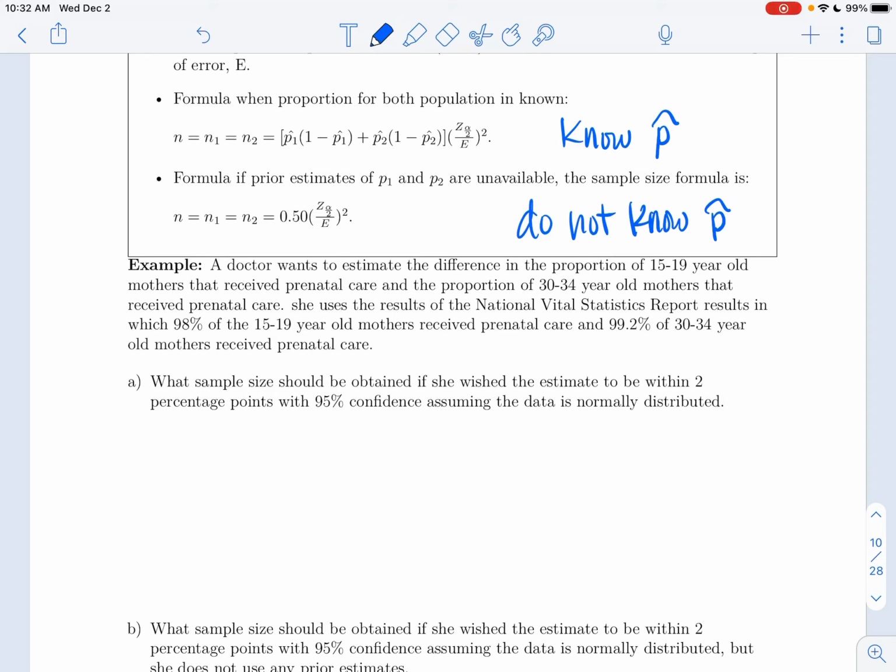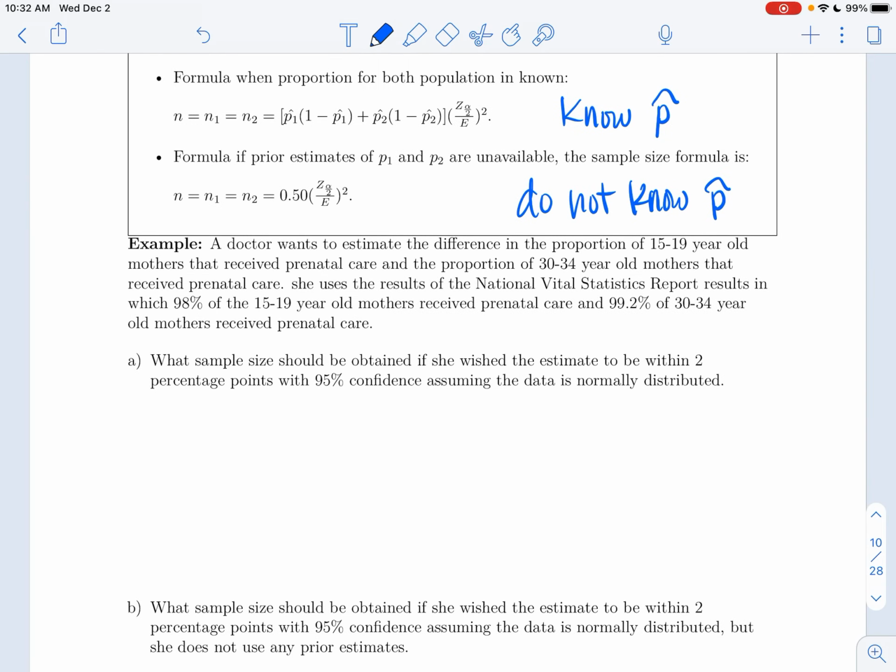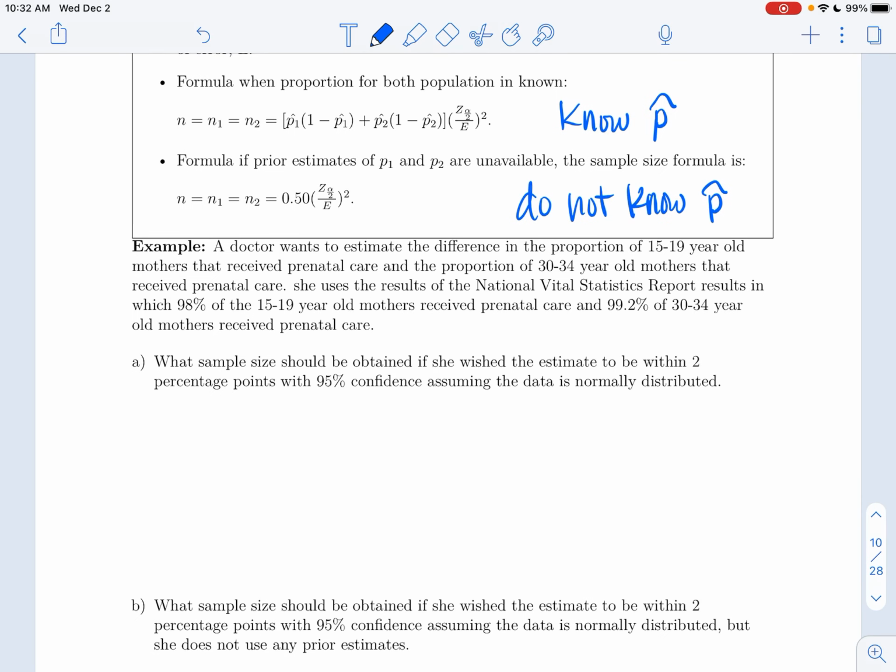Okay. So can we get p hat? So if we say 15 through 19-year-olds is P1, and the 30 through 34-year-olds is P2.